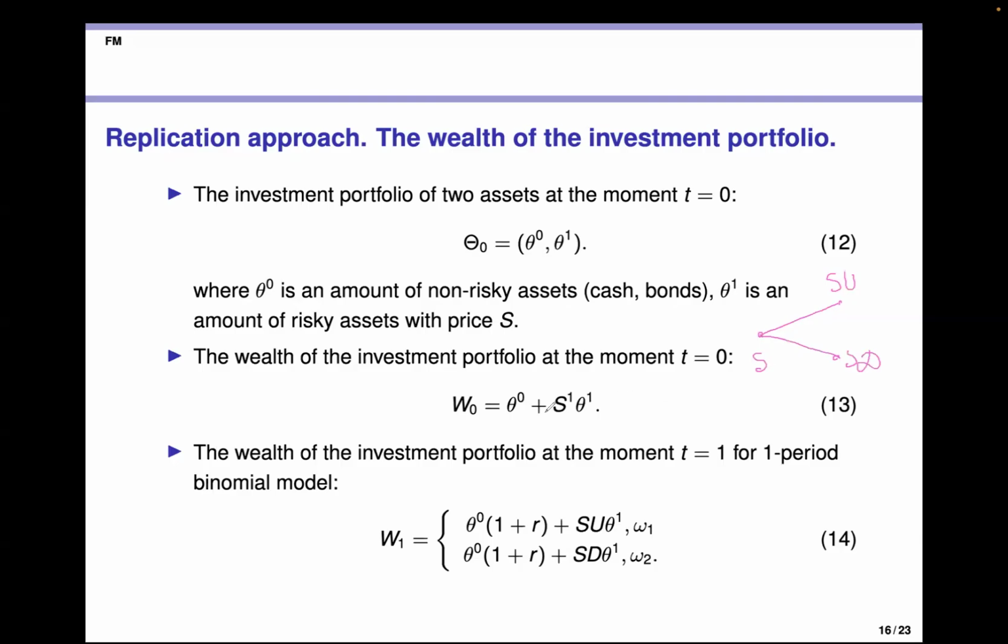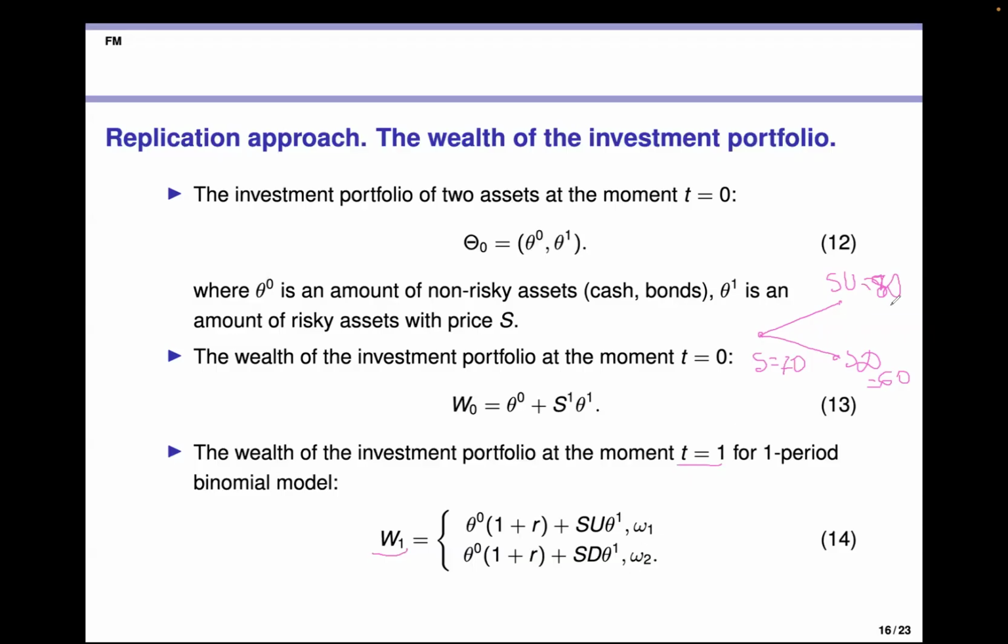So if I say to you that the initial price is 70, for example, and the final prices are, for example, 80 and 60, the wealth of my portfolio at the moment t equals 1 has two values because there are two scenarios.